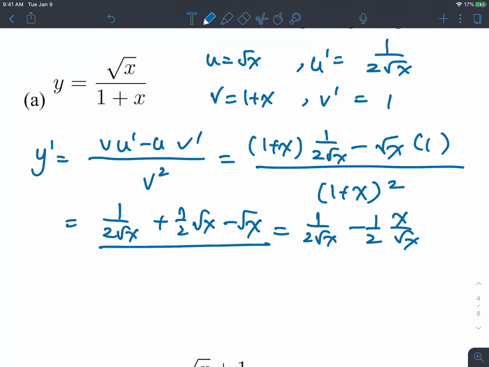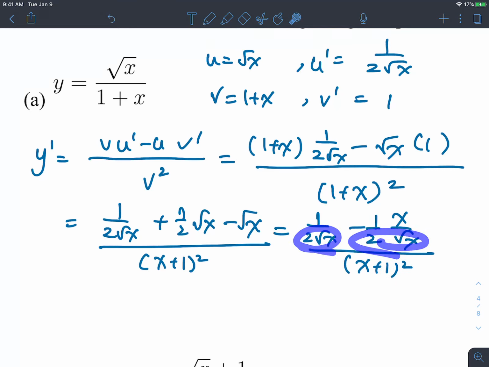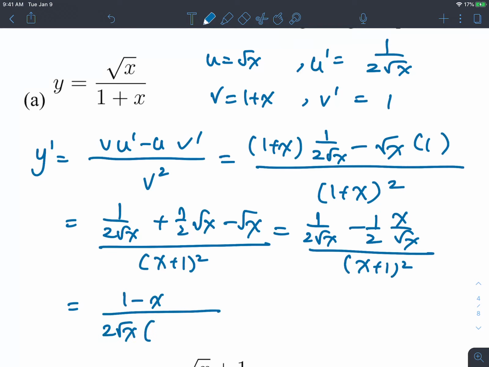And then I'm going to clear the denominator. So what that means is that I could put these two in the denominator, right? Common denominator. So that becomes 1 minus x over 2 root x and x plus 1 squared. All right, there you go.